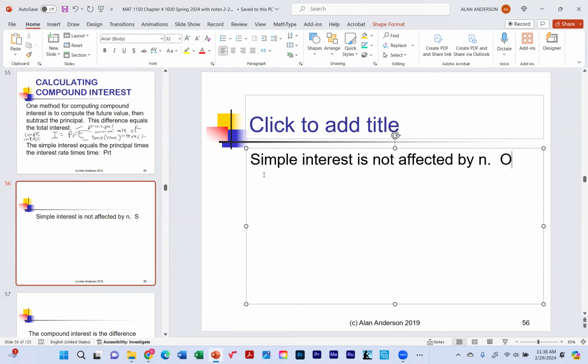Only compound interest is affected by n. So that'll help explain what's coming next. Simple interest is some amount that has nothing to do with n. Compound interest is directly impacted by n.